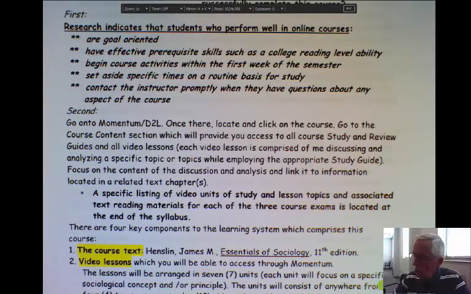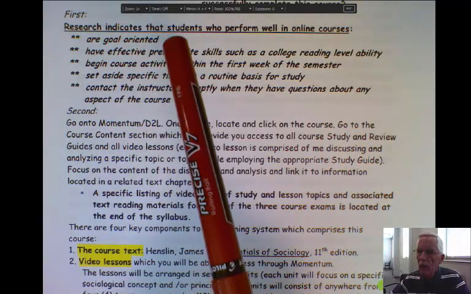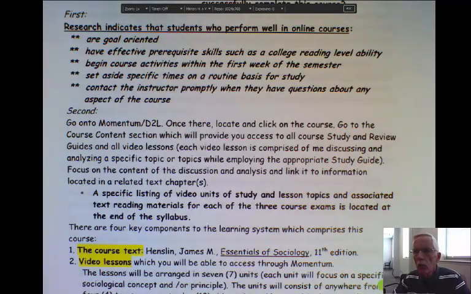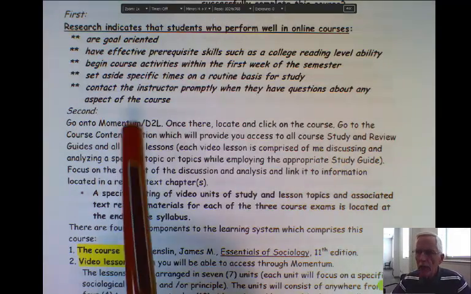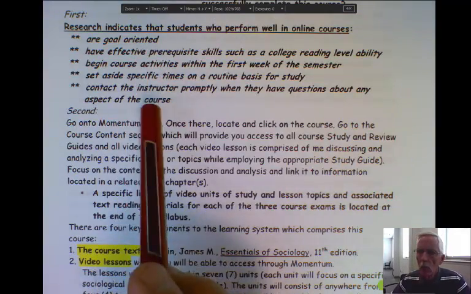And research highlights the fact that these particular qualities or characteristics will ensure success in a non-traditional delivery type system. This is a web-based course, so much of the orientation, focus, commitment, organization is going to have to come from you. So please pay attention to these 5 points.